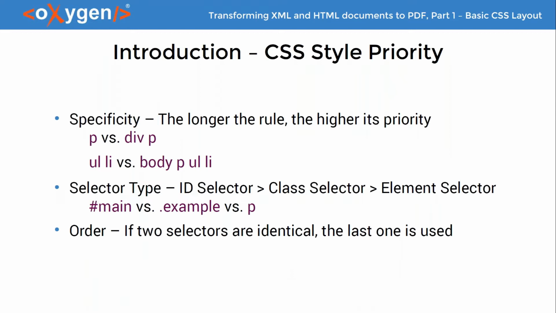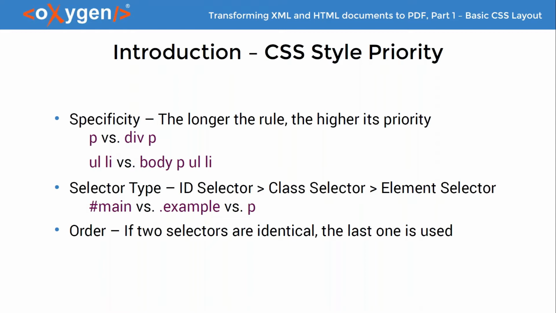Another set of rules and priority is the specificity. What we can summarize as: the longer the rule, the higher its priority. So if in your style sheet you are using only paragraphs, a rule containing the selector div paragraph will be used with a higher priority, so it will be applied on your document.